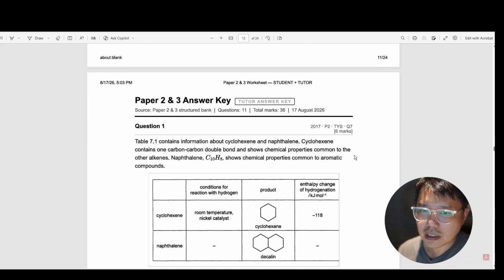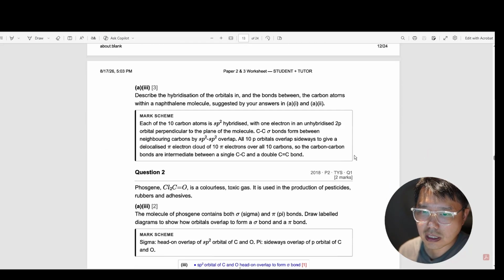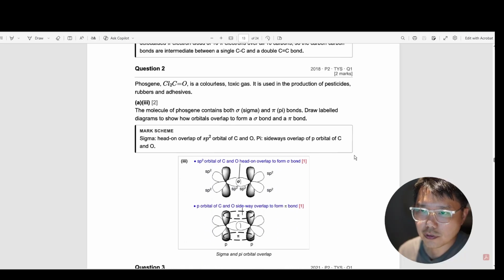Okay, so maybe let's look at a simple question from 2018. Here you have phosgene, carbon double bonded to O, and two single bonds to two separate chlorine atoms. The molecule of phosgene contains both sigma and pi bonds. Draw a labeled diagram to show how orbitals overlap.